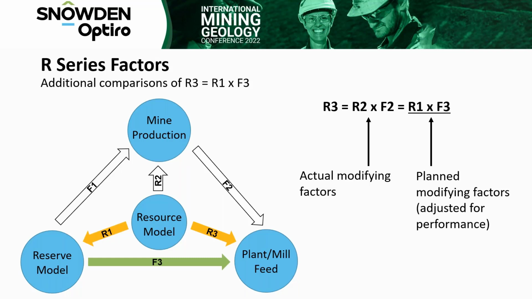So remember, we're looking at R3. So now we've got the plan from the resource model to the reserve, and then we've also got those modifying factors that we're putting in for performance and recoveries and so forth through the mill. So don't just think of R3 as being that direct resource to model. Start to break it down and just see if there's a certain component that's actually causing a problem. So yeah.